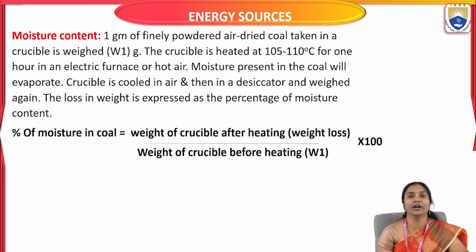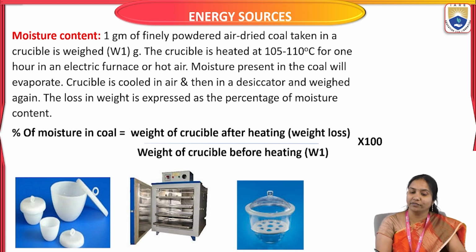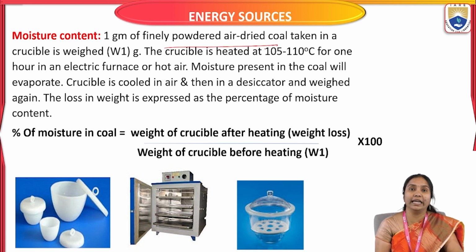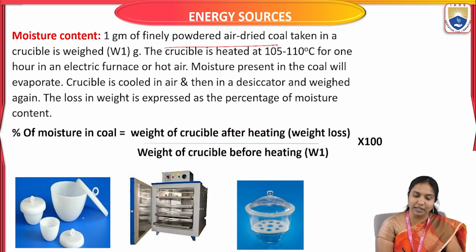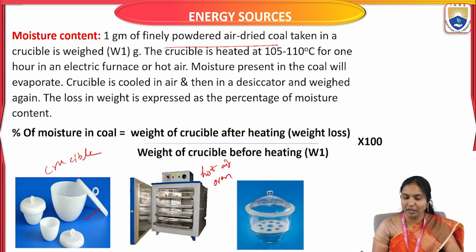Here, 1 gram of finely powdered air dried coal sample is taken in a crucible. This is a crucible, this is the hot air oven and this is the desiccator.